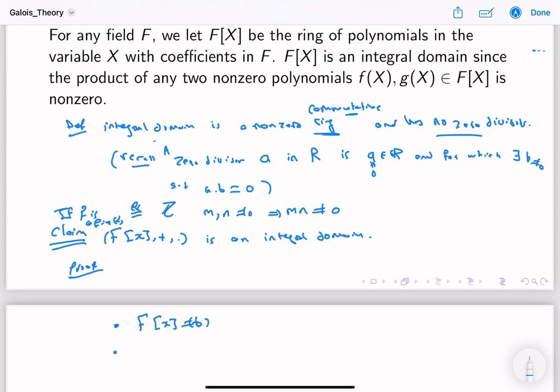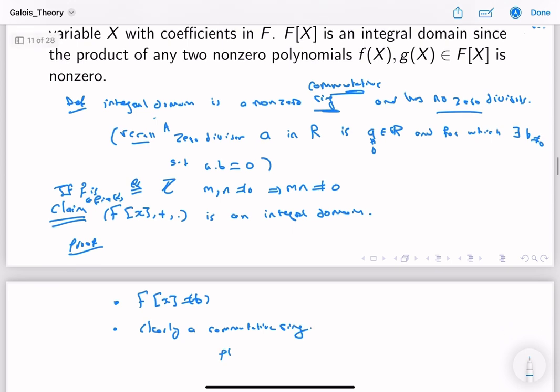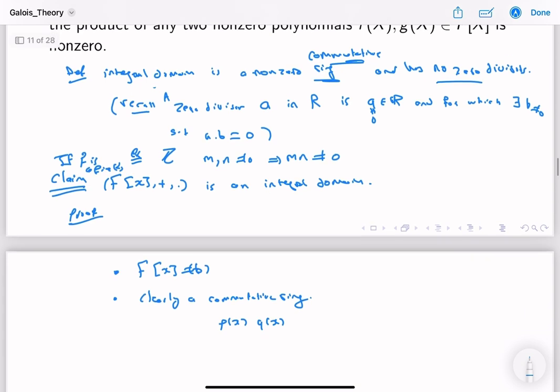Also, it's actually commutative. It's clearly a commutative ring. And why is that? Because if you have two polynomials, p of x and q of x, and you multiply these out, let's say this polynomial is the sum of a_i x to the i, and this polynomial is the sum of b_i x to the i.